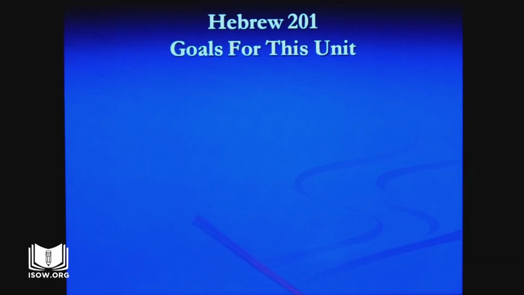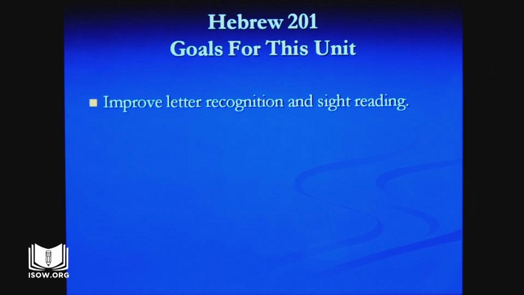Now what we're going to do is go to the board here and share with you our goals for this particular unit. Number one, we want to improve letter recognition and sight reading. In other words, if you've gone through Hebrew 101, hopefully you've internalized the letters and recognize them, but you might have to strain a bit to make sure you're not confusing the letter Chaf, for instance, with the letter Kaf or the letter Bet or Vet.